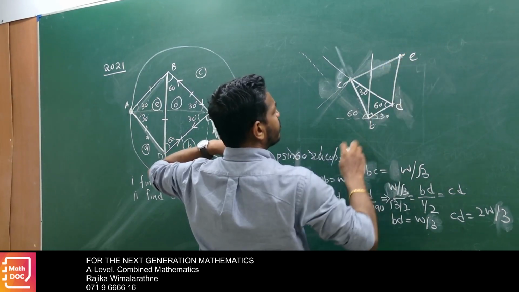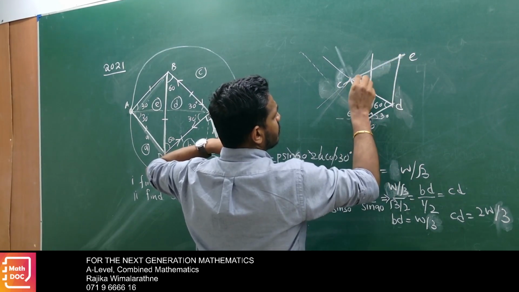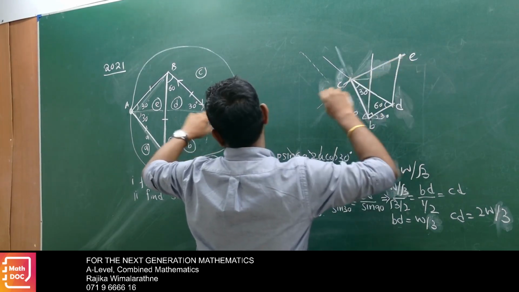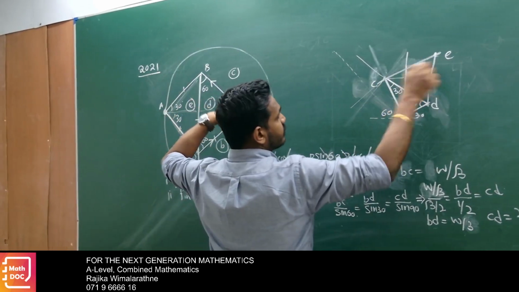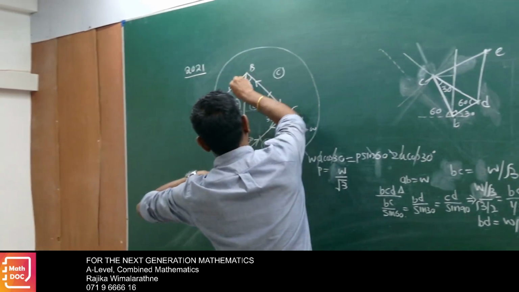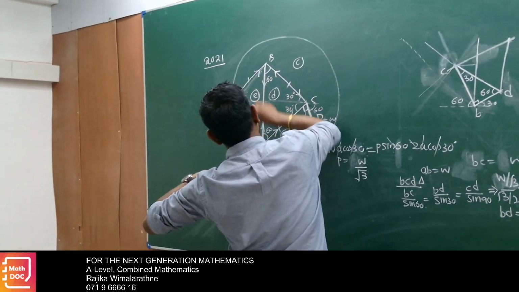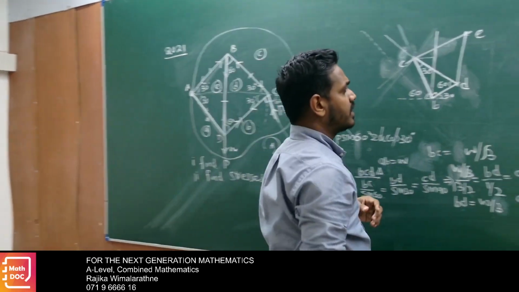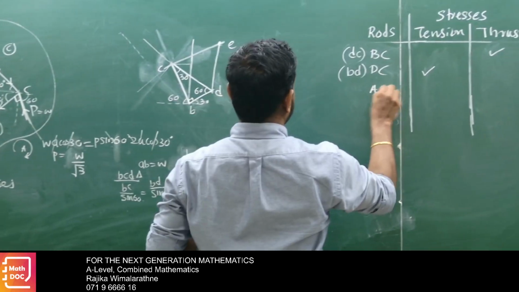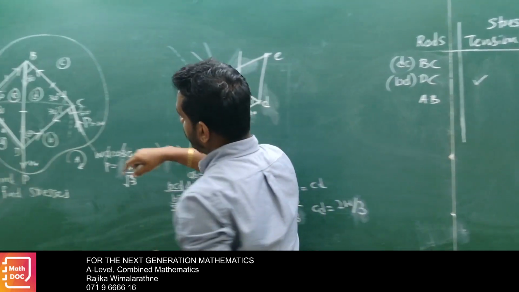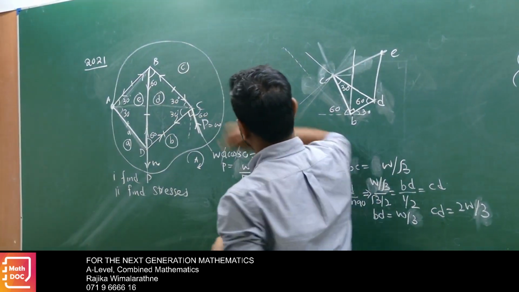Here E. Then mark the forces: CE this way, ED downward. Then AB rod, thrust, and BD rod, tension.